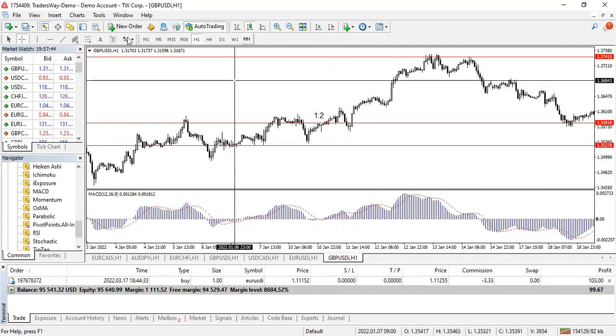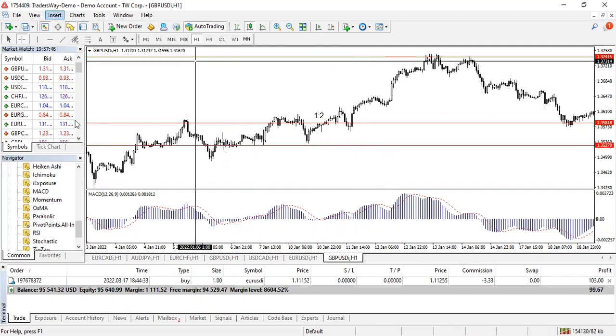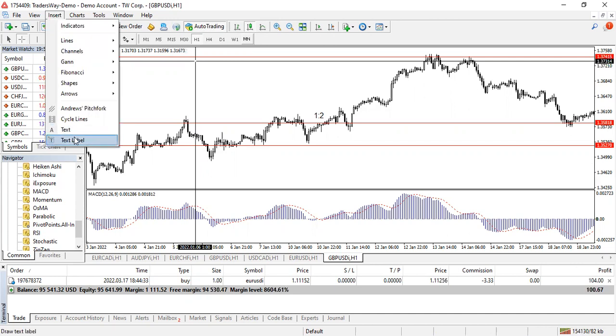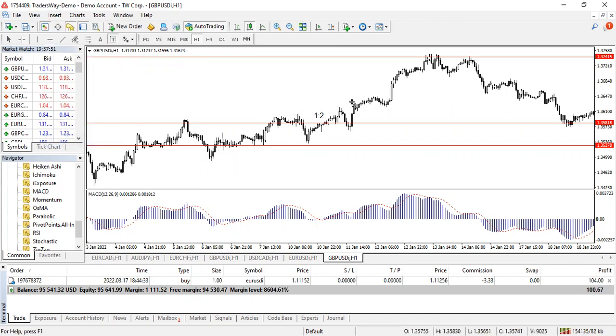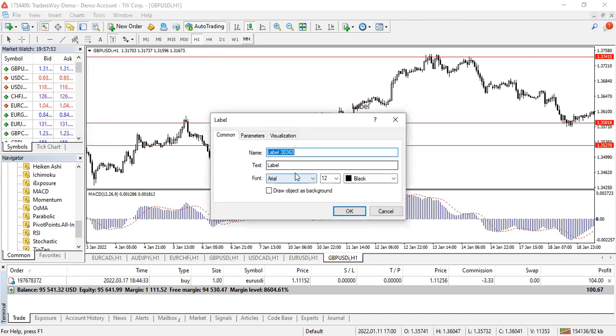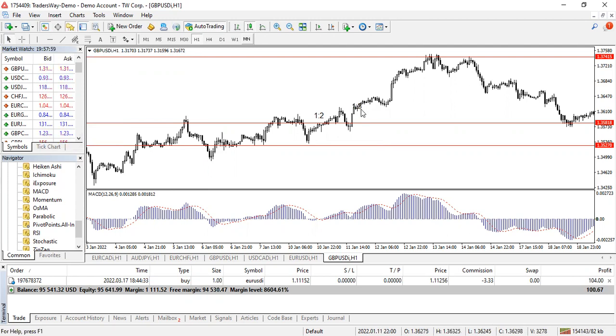If you are talking about 1 to 3 risk reward ratio, it is all about you risking $100 to earn $300.